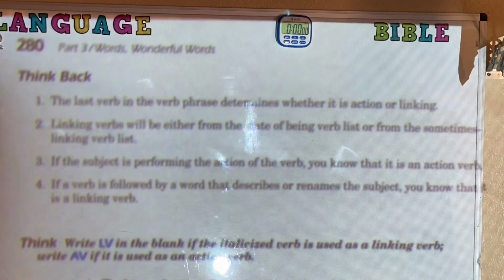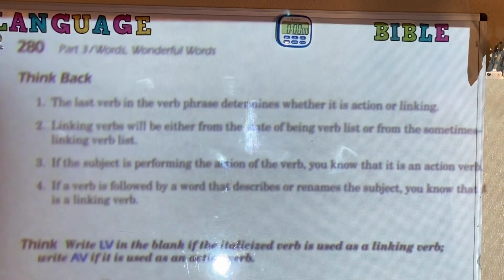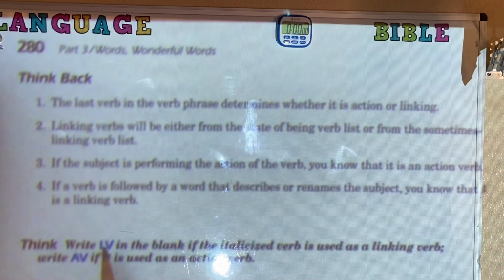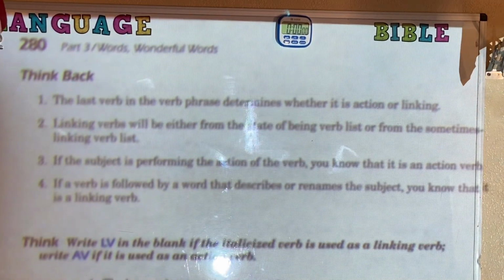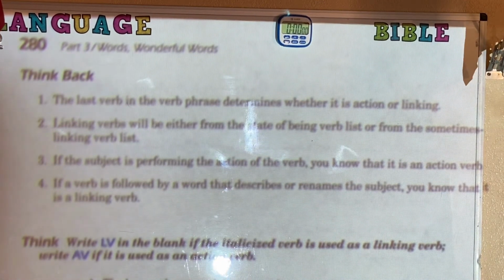Let's look at the first 5 on Think. It says write linking verb, so write LV in the blank if the italicized verb is used as a linking verb, or write AV, action verb, if it is used as an action verb. Okay? The hungry boy tasted the warm pie. So we see that tasted is in italic.